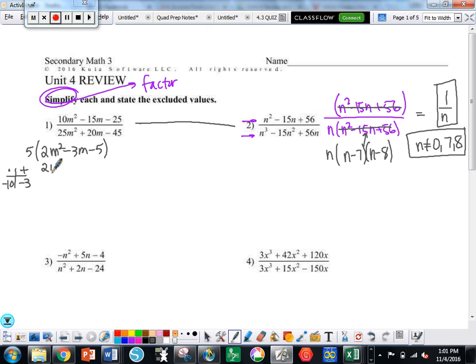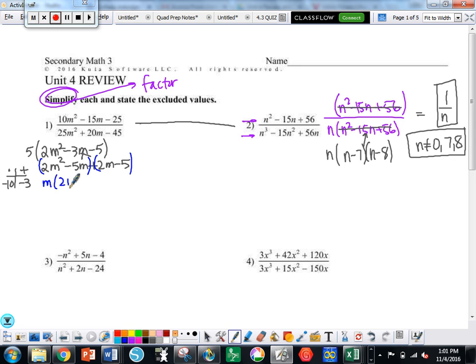So I have to rewrite this so that the middle term has been split. And once the middle term is split, I factor by grouping. The first group has an m.